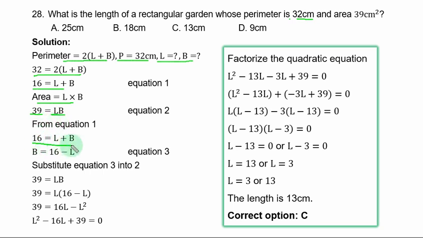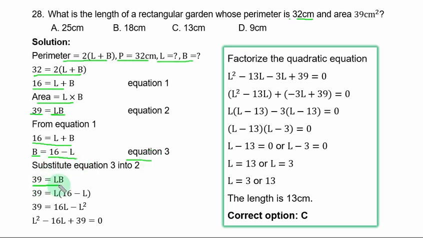From equation 1, make the breadth the subject. You have 16 minus L. You call that equation 3. You have to substitute equation 3 into equation 2 to continue with the solving process.